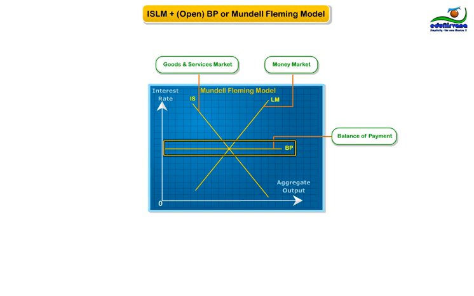To make our analysis more focused on the policy issues in an open economy, please note that I, the domestic equilibrium interest rate, ID, is equal to the foreign equilibrium interest rate, IF. ID equals IF.